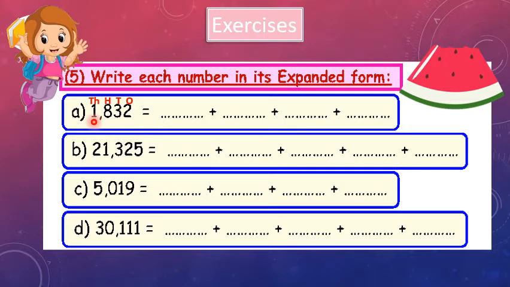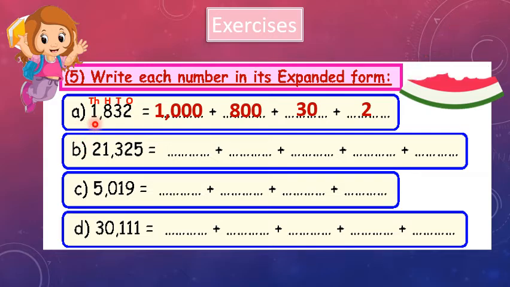Here we have 1 in the thousands place, which means 1 and 3 zeros. It will be 1,000 and 800 and 30 and 2 only. Here we have 1,832.